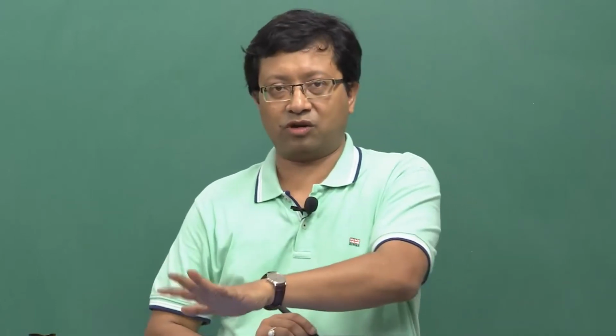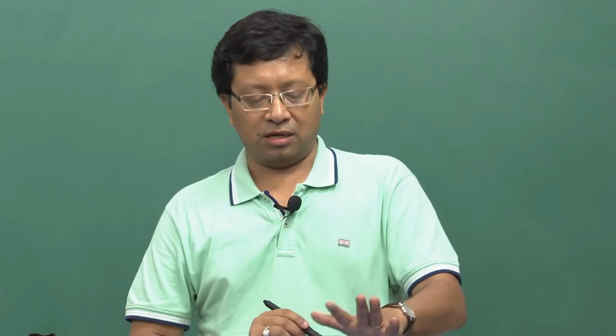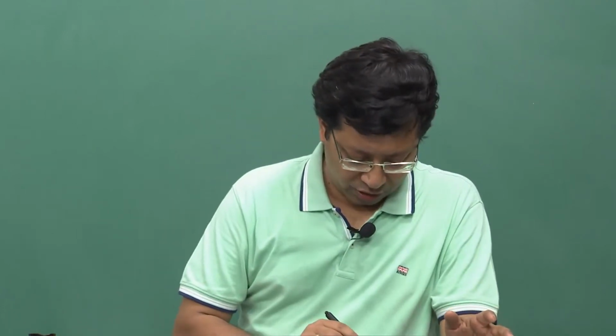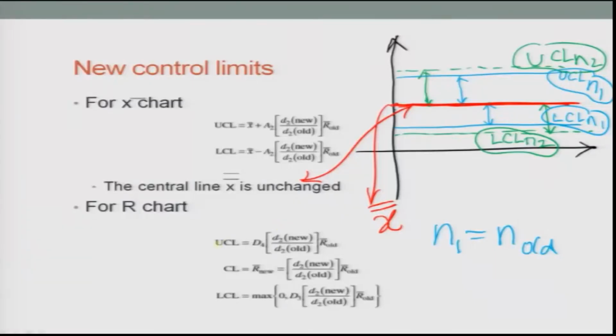The diagram which I had drawn here is specific to the X bar charts. Now I will highlight using the yellow color. This would be the upper control limit based on the ratio here. The value would not be the same, but it would be the same concept as you have used for the X bar chart.